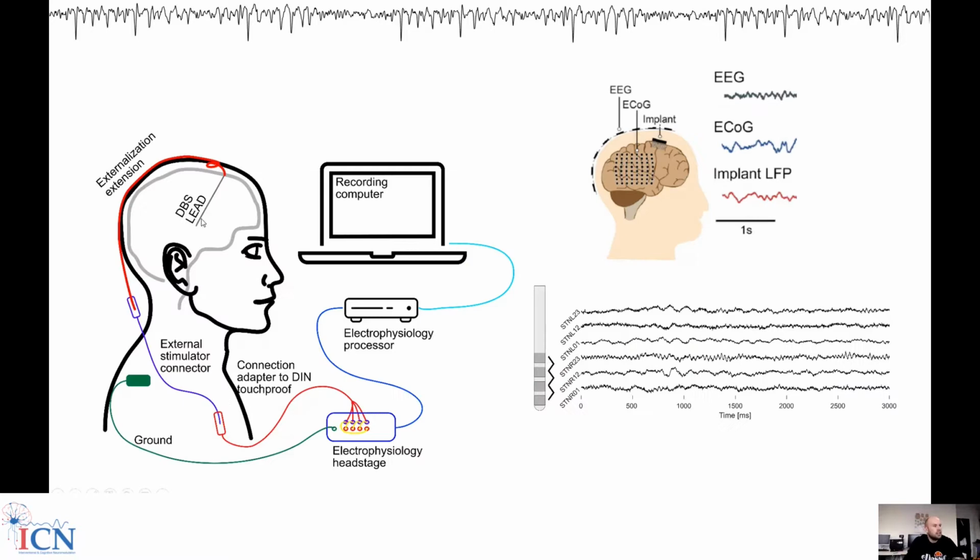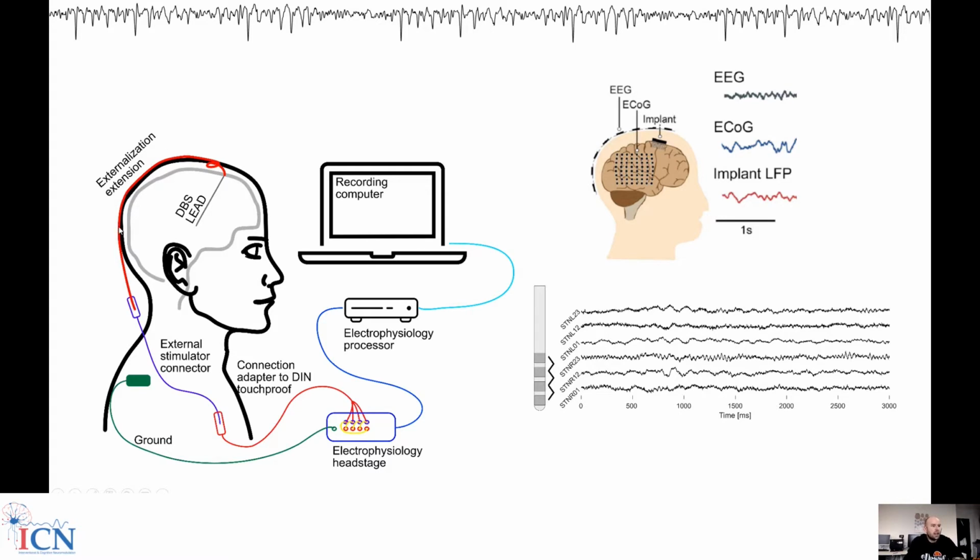Practically, what we need is an externalization extension when we record in the period after the electrodes are implanted, but the pulse generator is not implanted yet. That is the typical setting in which we, in Berlin, record LFP. You can see here an exemplar DBS lead, and then you have this externalization extension that the neurosurgeon implants.